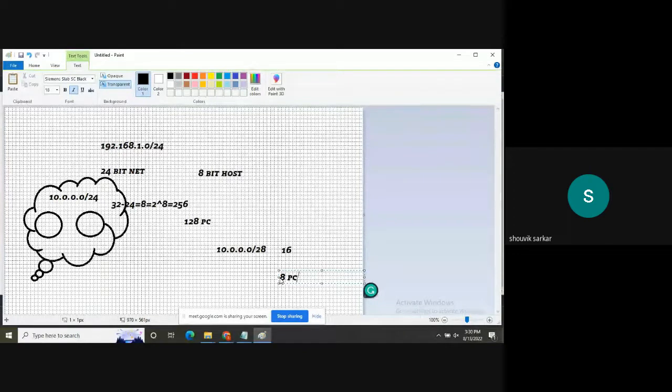Although AWS also reserves 5 IP addresses, I don't consider that here. Is it clear? Please confirm. Yes, please respond. Do I need to repeat it or not?